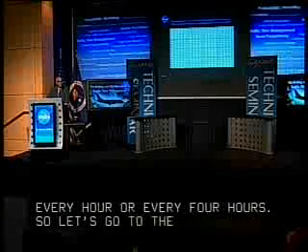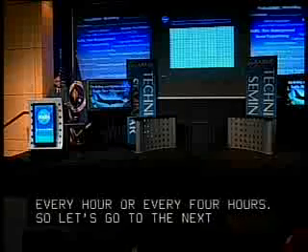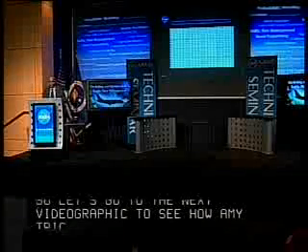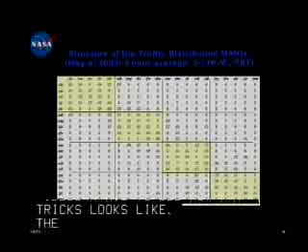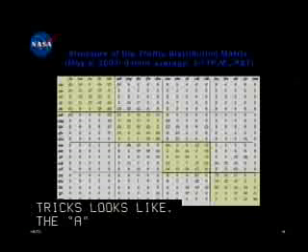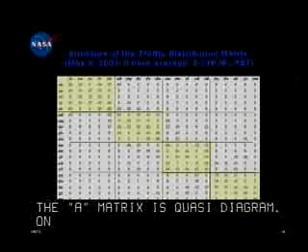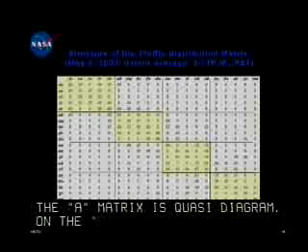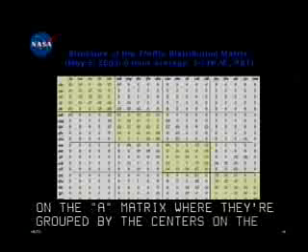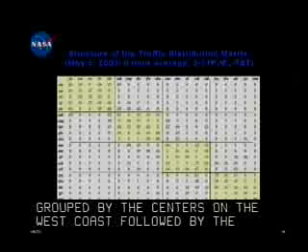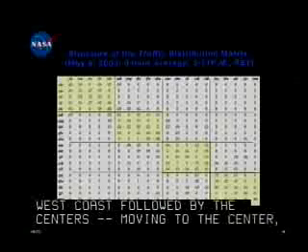The A matrix is what I call quasi-diagonal. Here I have arranged the A matrix so my states are grouped into the centers on the west coast, followed by the centers moving towards east, followed by centers in the Midwest and the East Coast.